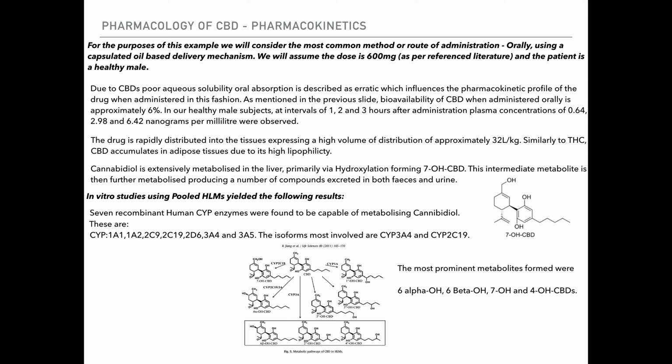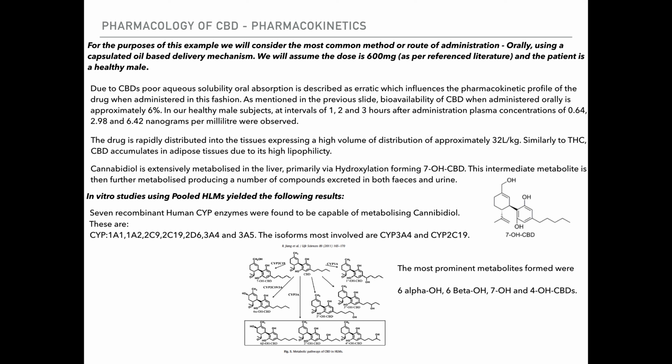Cannabidiol is extensively metabolized in the liver. This is the interesting part again for me, primarily via hydroxylation, and it forms intermediate metabolites, the most prominent of which is 6-alpha OH, 6-beta OH, 7-OH and 4-OH CBD. That OH that they're speaking of is the OH at the base of ring B in the bicyclical structure that is CBD.